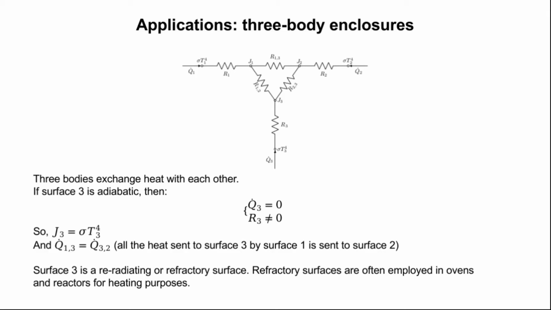This means that the radiosity J3 is equal to sigma times T3 to the fourth power, and that Q13 is equal to Q32, which means that all the heat sent from surface 1 to 3 is sent from surface 3 to 2. Adiabatic surfaces in such configurations are called re-radiating, or refractory surfaces, and are often employed in ovens and reactors for heating purposes.